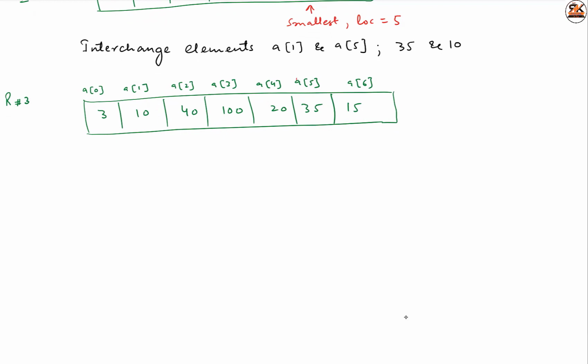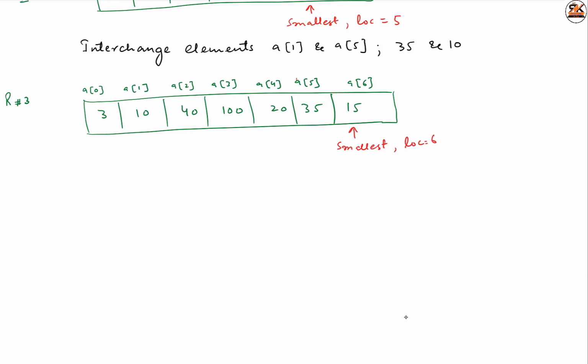And now in round 3 we will find the smallest element in the rest of the array, the sub array that will start from a2 to a6. We have to find the smallest element, and the smallest element here in this case is 15. So I will write here smallest and the location is 6.